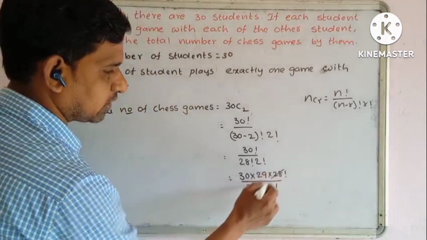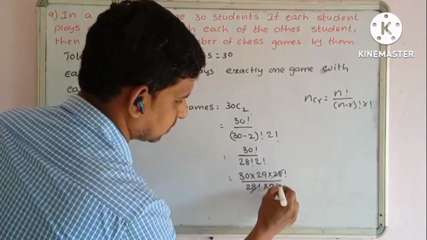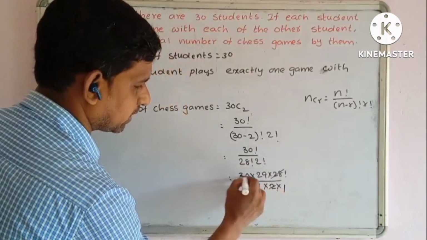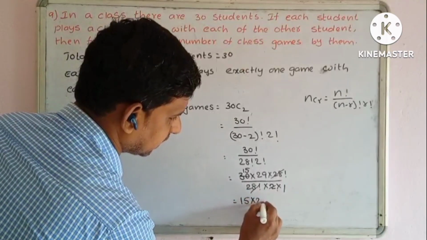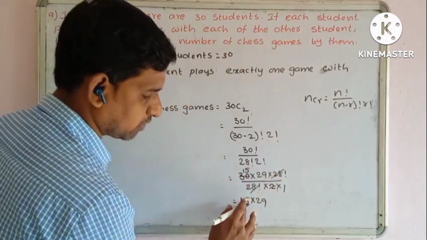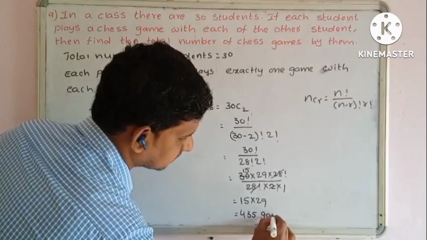So 28 factorial gets cancelled. 2 factorial can be written as 2 times 1. So 2 goes into 30 how many times? 15 times. So 15 times 29 is 435 games.